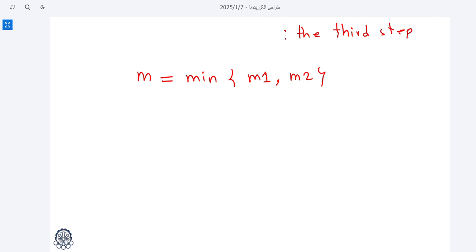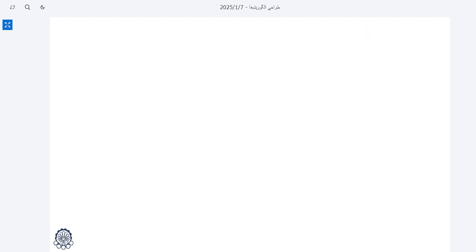So if we put all of the things that we said together, we get the pseudocode of our algorithm. We named our algorithm minimum function.